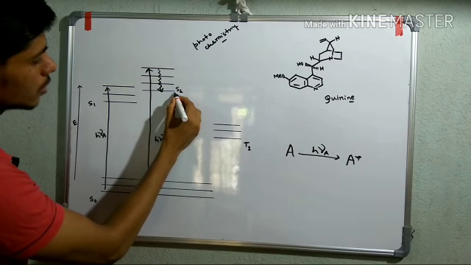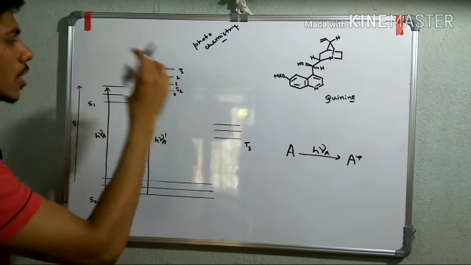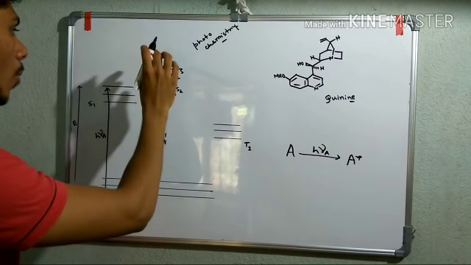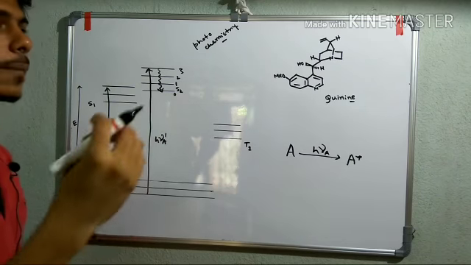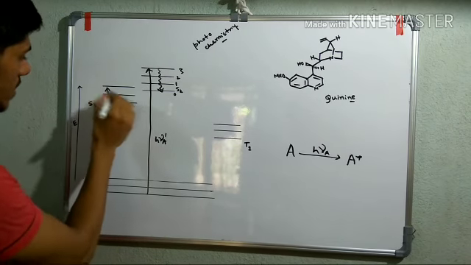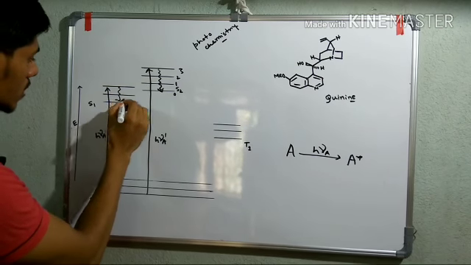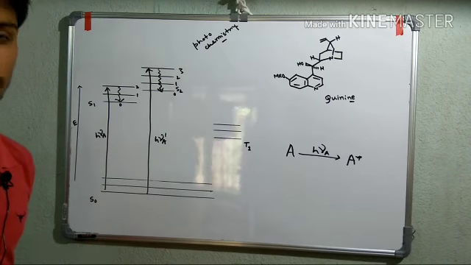If it is 0 vibrational level, then these are 1, 2 and 3; these are the vibrational levels. So first the molecule will come to the ground vibrational level of a particular excited singlet state, and for this singlet state also it will come back to this state. This is 0, this is 1, this is 2, to represent the vibrational states.